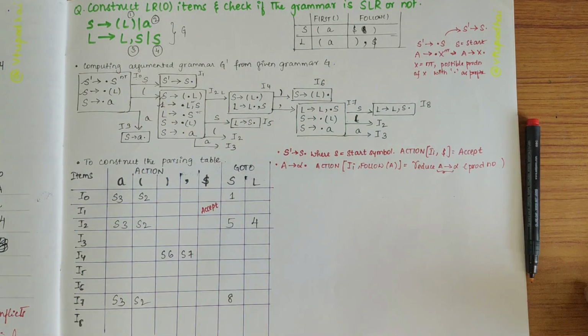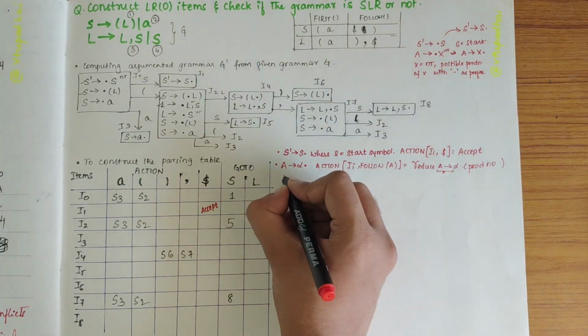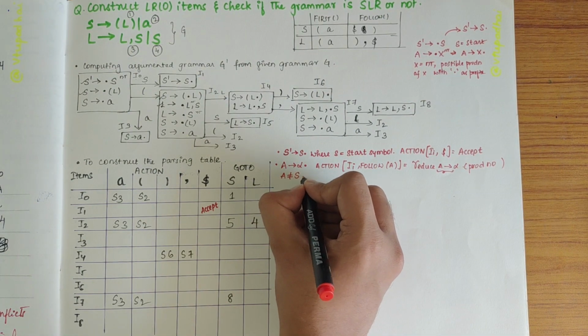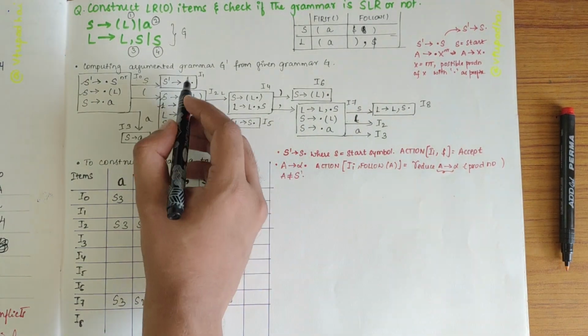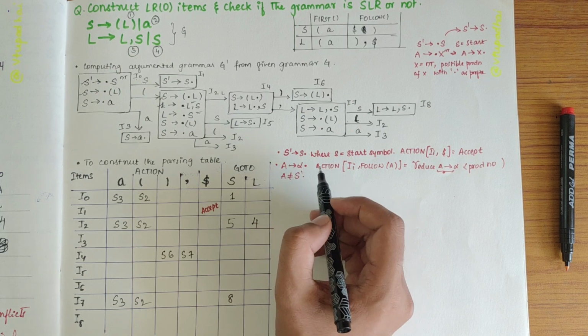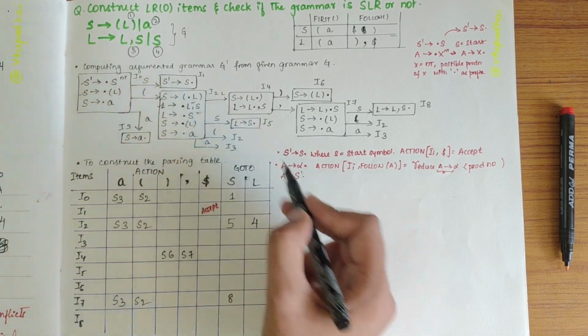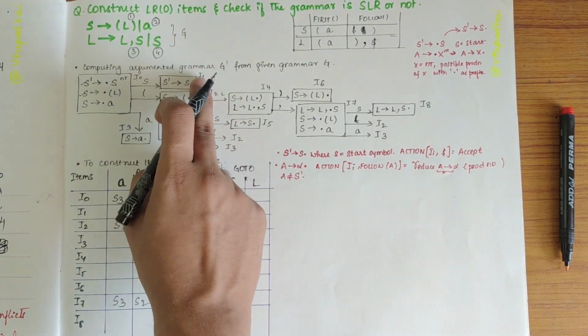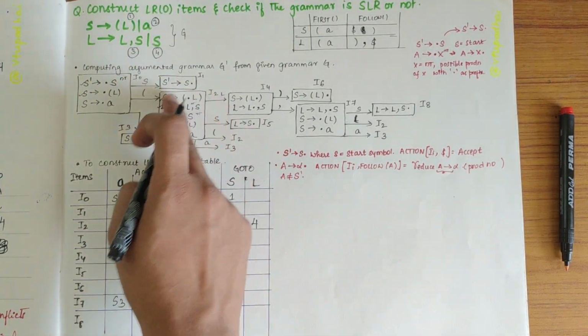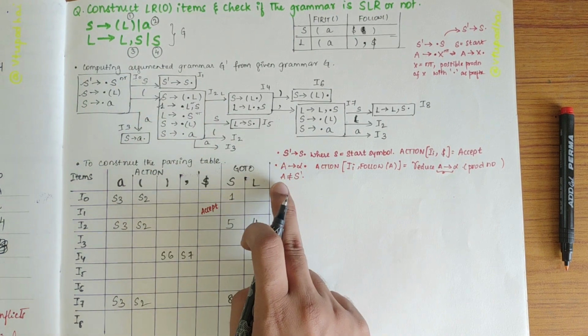There's one more rule, that A should not be equal to S dash. If you compare A derives alpha dot and S dash derives S dot, they both are the same, but A should not be the start symbol, so you should not consider I1.